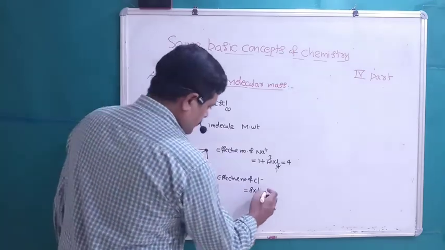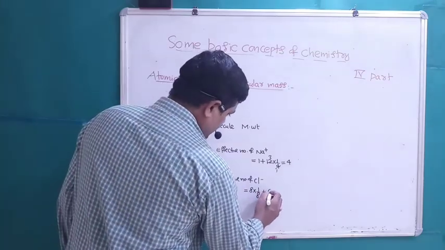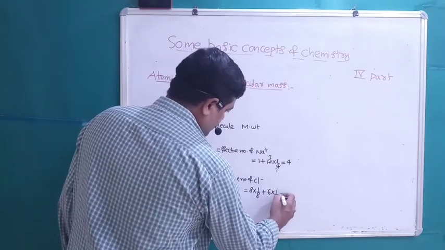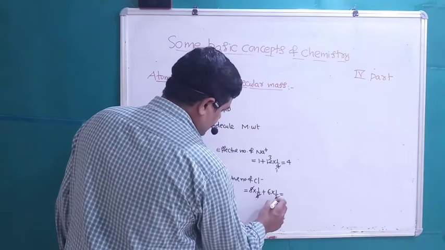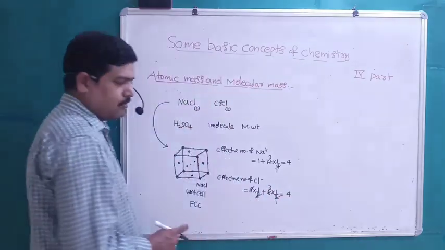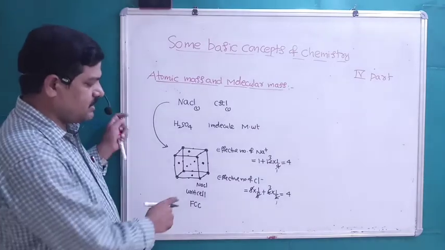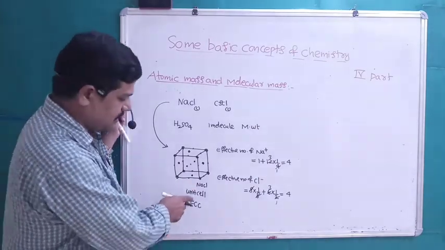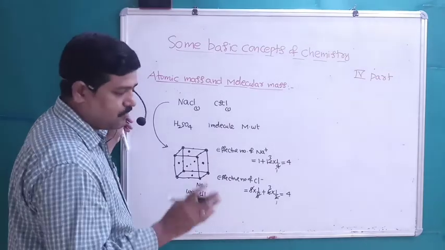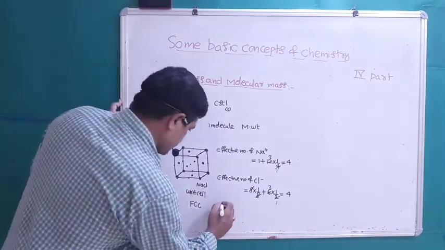So 8 into 1 by 8, plus 6 face centers. Face center contribution is 1 by 2. So 8 gets cancelled, 6 into 1 by 2 is 3, plus 1 is 4. So one smallest unit of the NaCl crystal, that is a unit cell, represents 4 formula units.